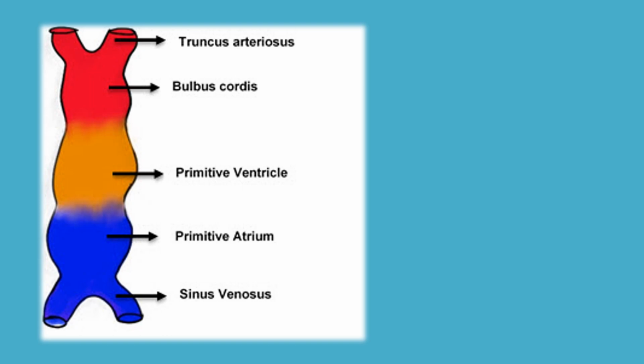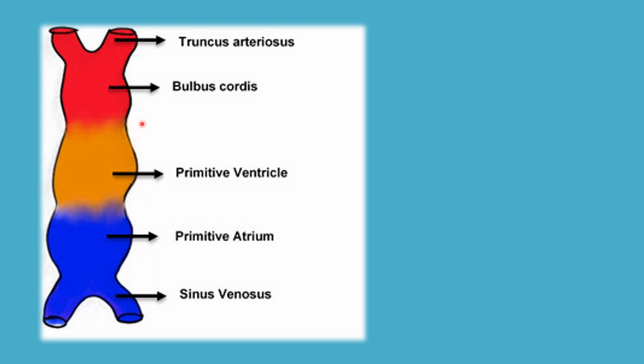Thereafter, the longitudinal primitive heart tube exhibits four constrictions, which produce five sacculated dilatations. The dilatations are named caudocranially as sinus venosus, primitive atrium, primitive ventricle, bulbus cordis, and truncus arteriosus.